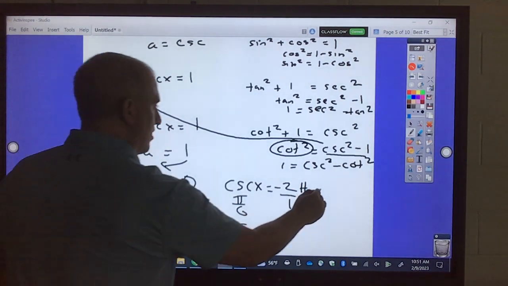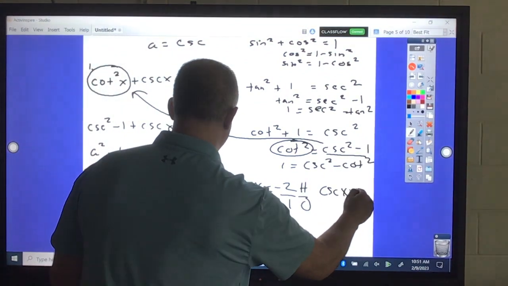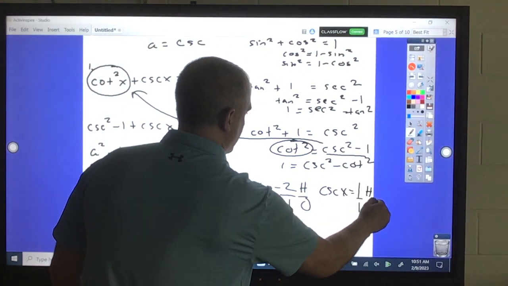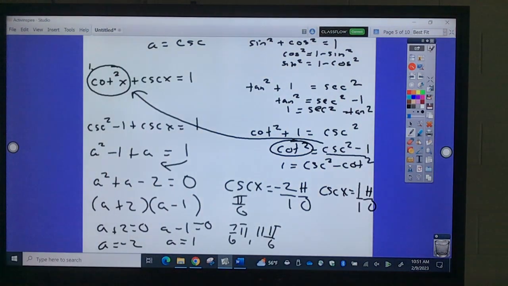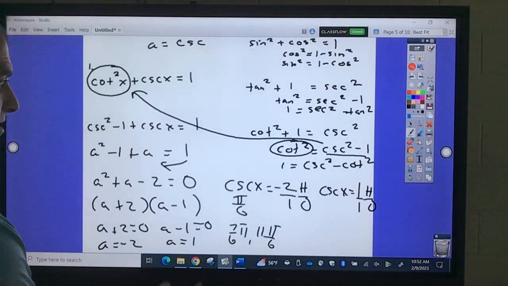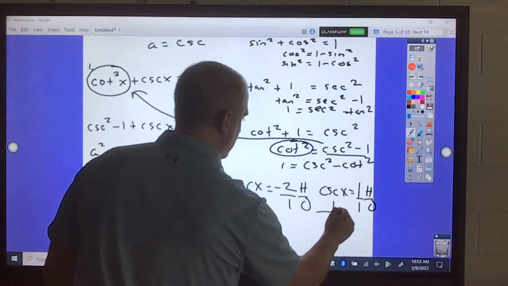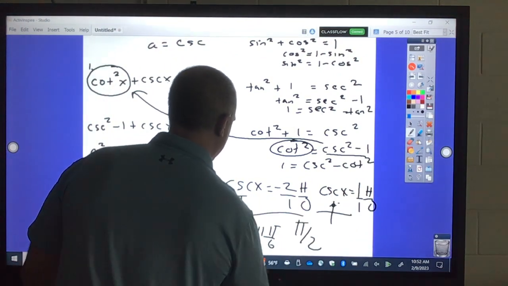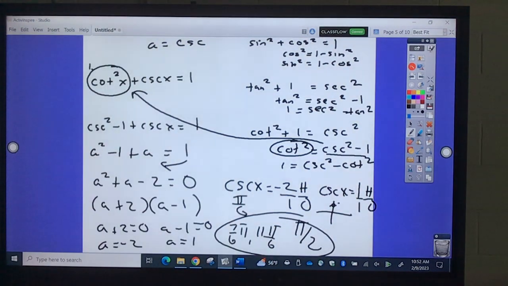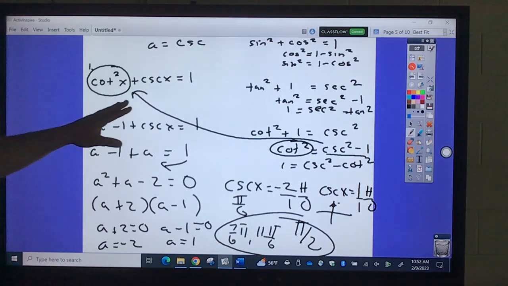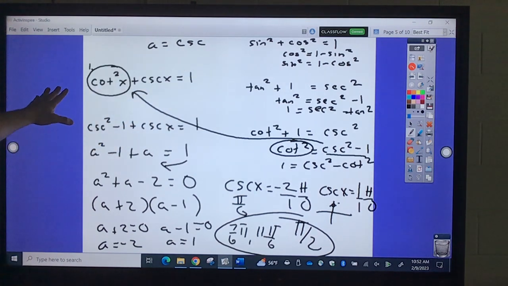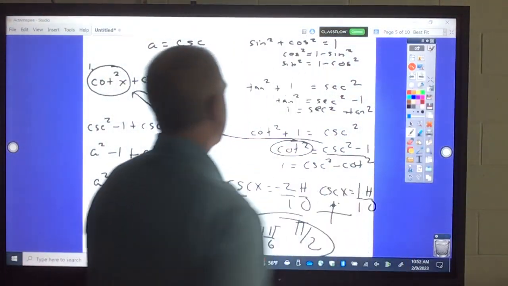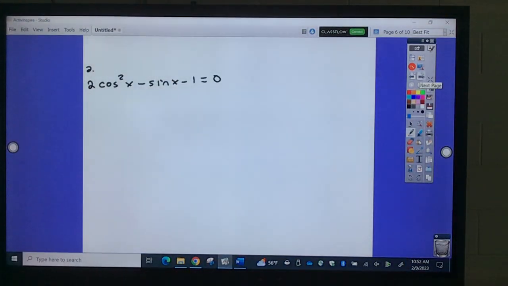The other one would be cosecant of x equaling 1. Now, there's no triangles where the h and o divide and give you 1, but there is an axis point. If you look at sine, there's an axis point that gives you that, so that's going to be pi over 2. So all 3 of those would be your answer. So you might want to write some of these down. You're trying to substitute for that.